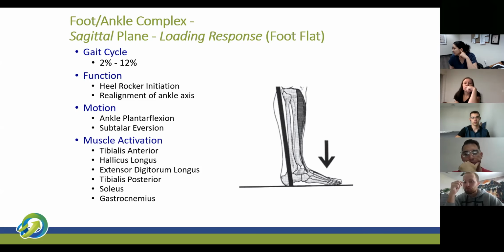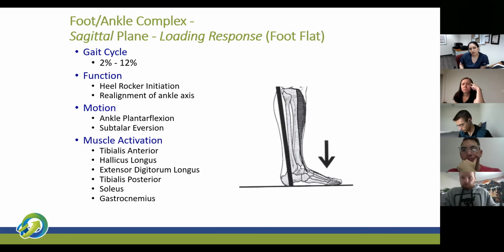Not dorsiflexion. It would be the opposite: plantar flexion, because you're putting the loading response on, so you're doing more of the plantar flexors in the gait cycle. Correct. Okay, very good.